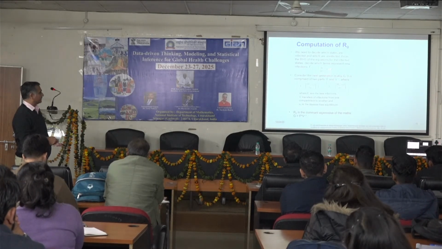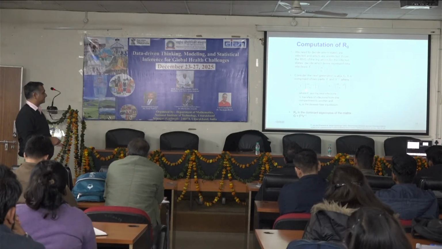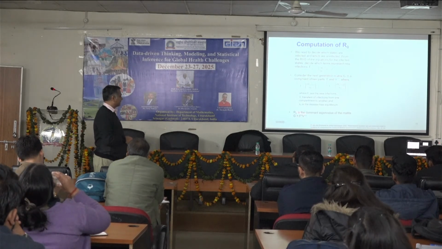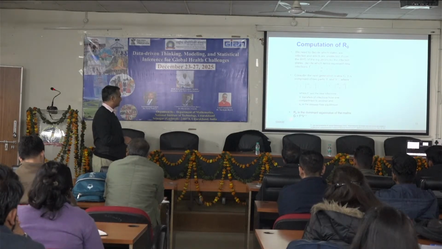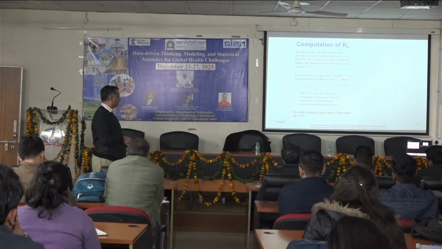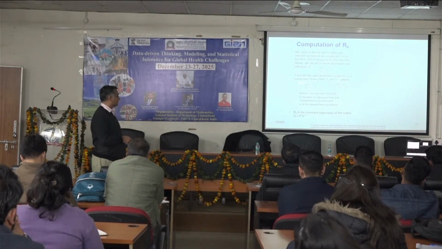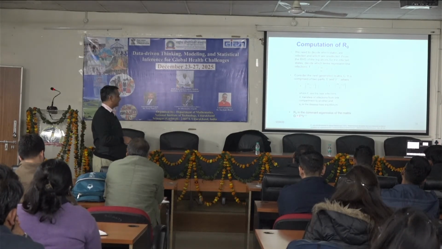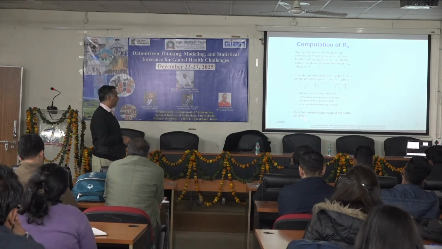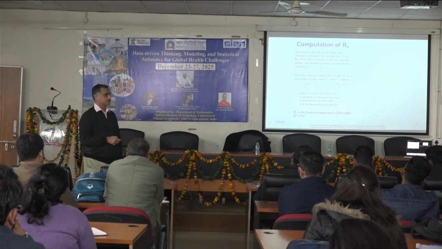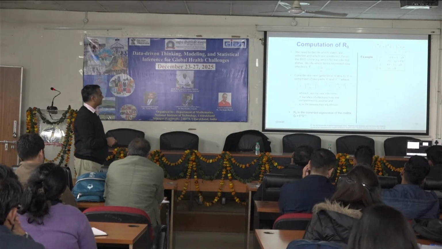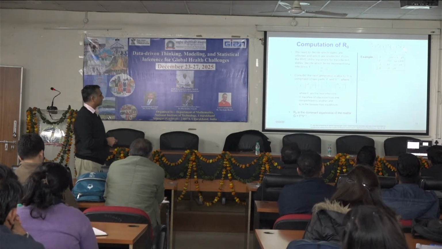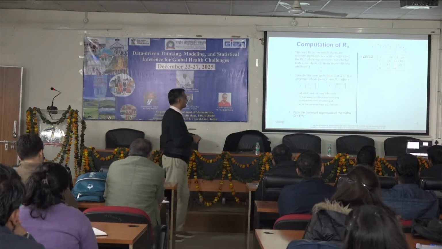Then it computes, at the disease-free state, two matrices, F and V, and R naught is the dominant eigenvalue of F times V inverse. So let's see how we will compute it. Suppose this is a model, S, E, I, and R, and this is what the equations of the model look like.